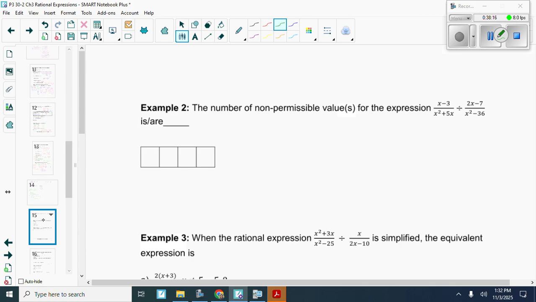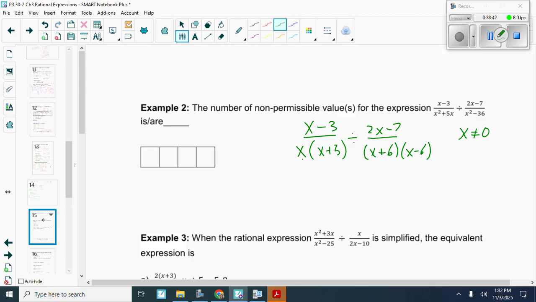So for this, you would need to do x minus 3, pull out a GCF of x, and so we have x plus 5, divided by 2x minus 7. This is a difference of squares, so x plus 6, x minus 6. So right now, our NPVs are x cannot equal 0.